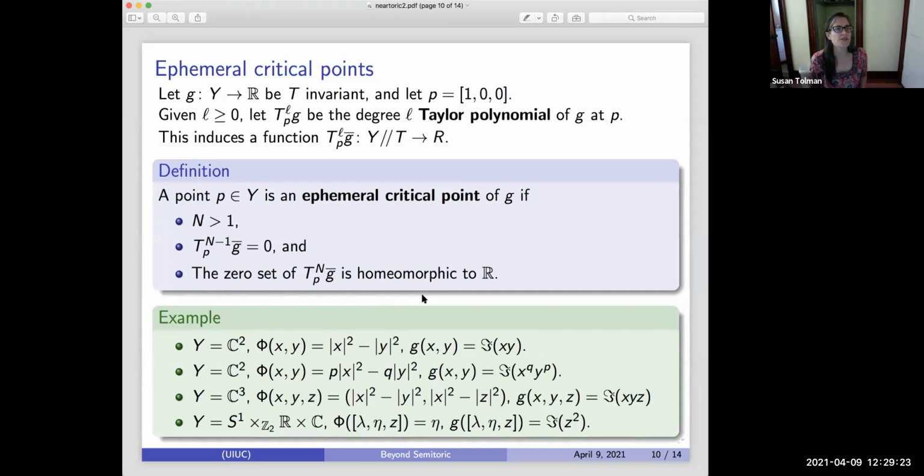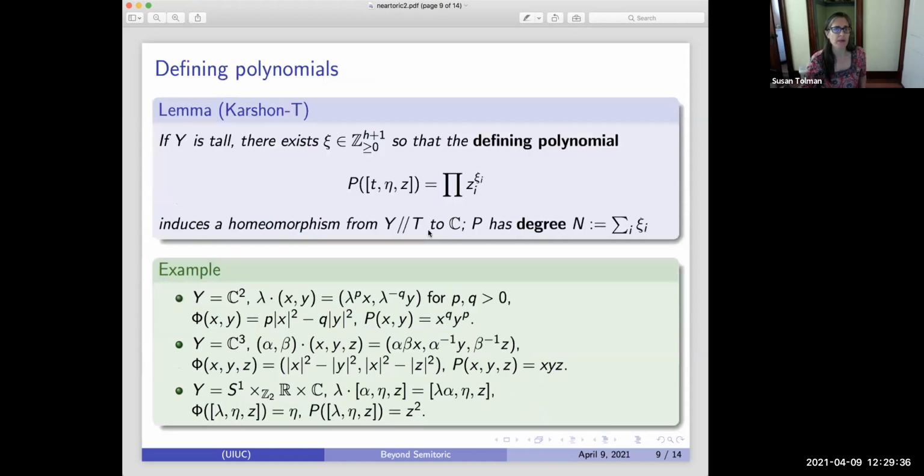Okay, so we have to say, what does it mean for a point P in Y to be an ephemeral critical point of G? Well, first of all, we need n greater than 1. So the degree of this defining polynomial needs to be greater than 1, and you see in all these cases, the degree is greater than 1.